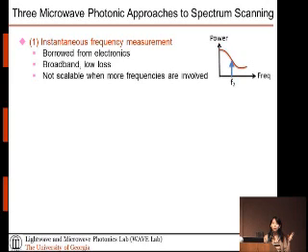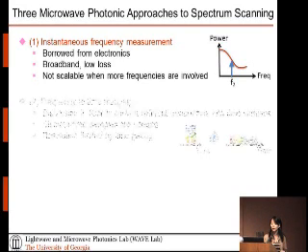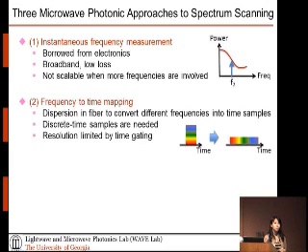And the component loss is relatively very small compared with electronics. However, it's not very scalable because each of those branches is only able to recognize a specific frequency. So if you really want to scan through a wide range of frequencies, you need a lot of them, and then use an optical switch to switch between each of those branches. So it's relatively complicated and not scalable.